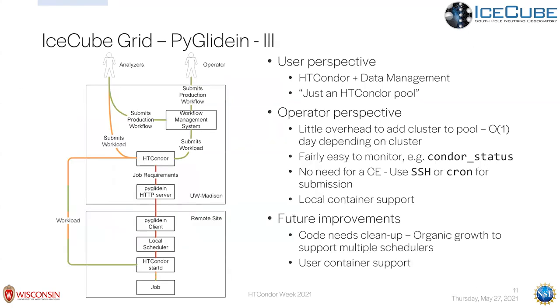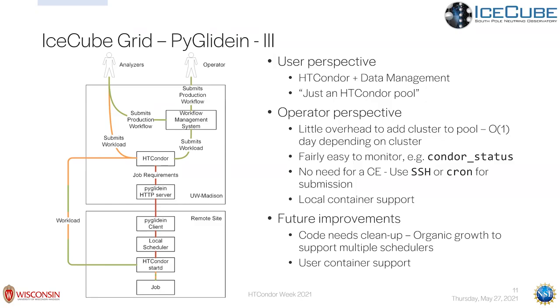So from a user perspective, this really looks like an HTCondor pool plus the data management. We want it to look like just an HTCondor pool. From an operator perspective, there's minimal overhead in adding a cluster to the pool. Experienced users can do this in a day, if not less, depending on the cluster and its specifics.